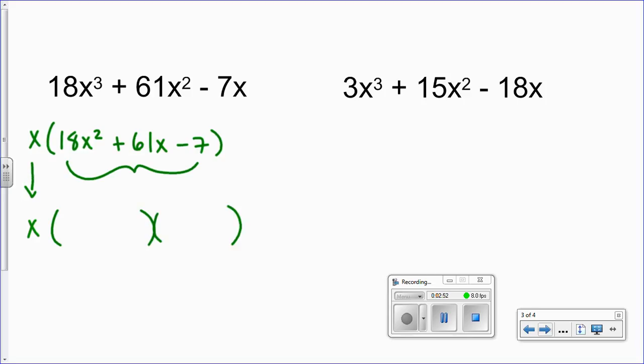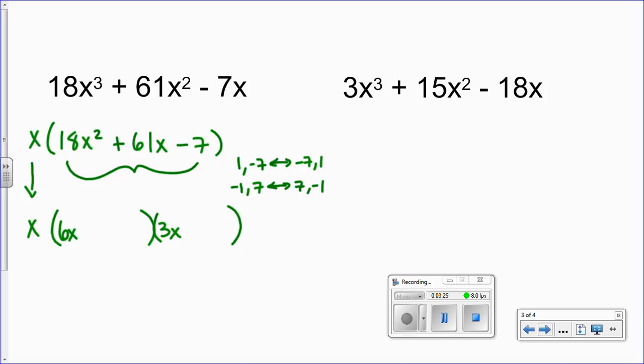Okay, so factors of 18. So there's 6 and 3, 9 and 2, 1 and 18. I'm going to try 6 and 3 first. For negative 7, we have 1 and negative 7, which could be negative 7 and 1. Or we have negative 1 and positive 7, which could be 7, negative 1.